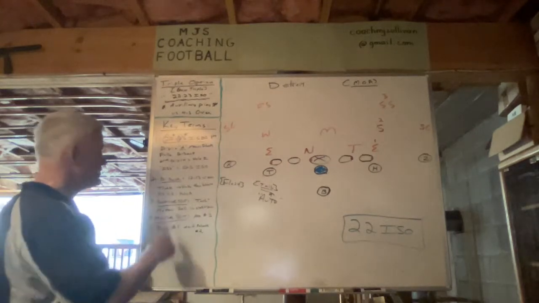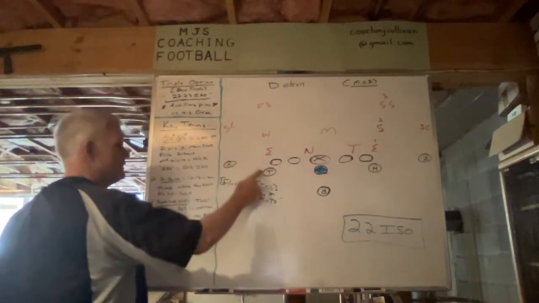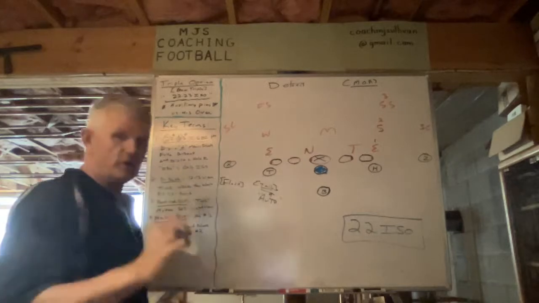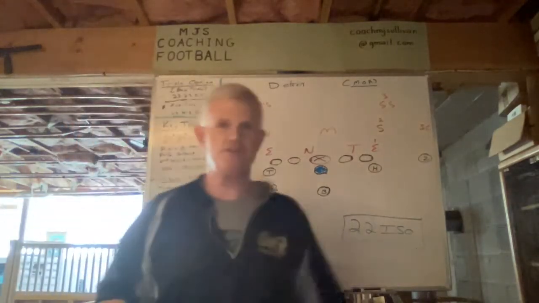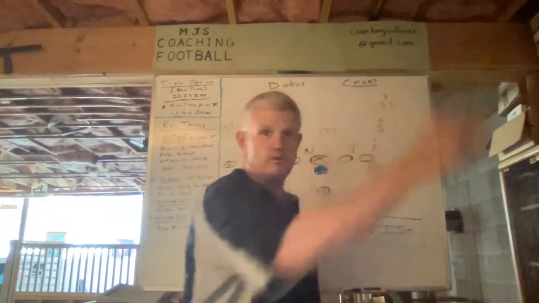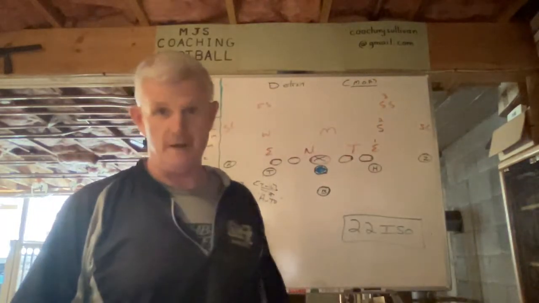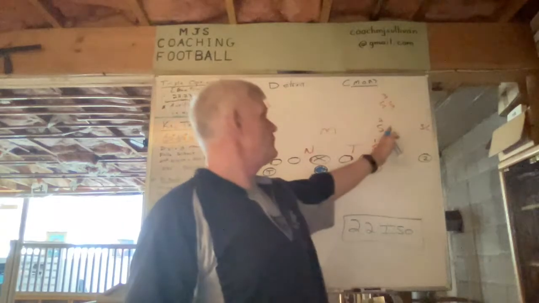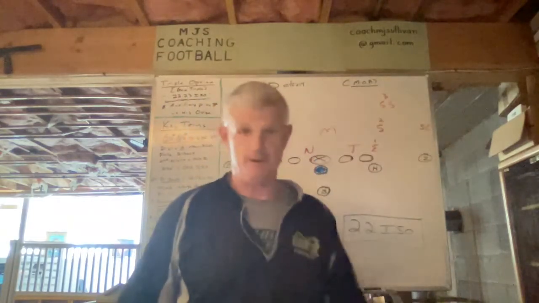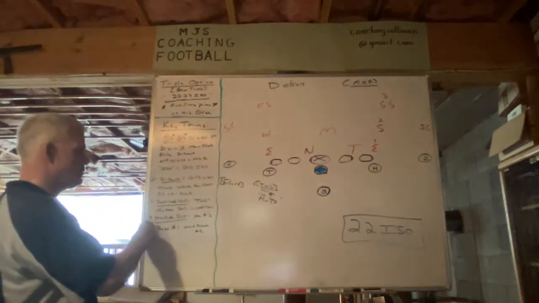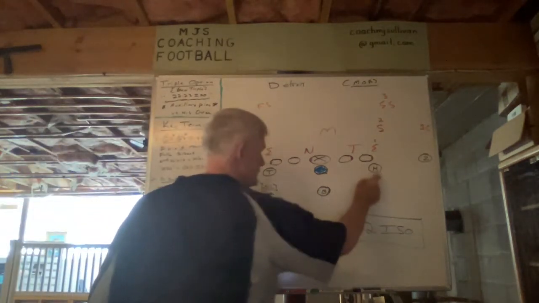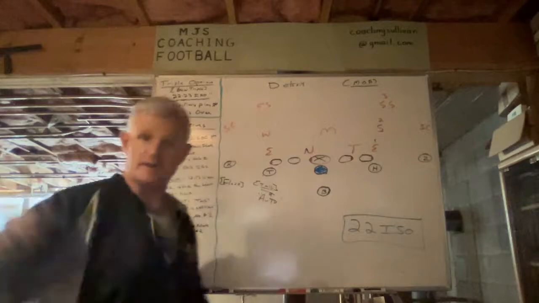Number 3, the backside slot, in this case the T, is automatic. He gets into tail motion, and it's his job to sell that inside veer. Here he comes, here's the pitch back. That should influence, hopefully, numbers 2 and 3, as you'll see. Number 4, the play side slot, in this case the H, is going to arc number 3.